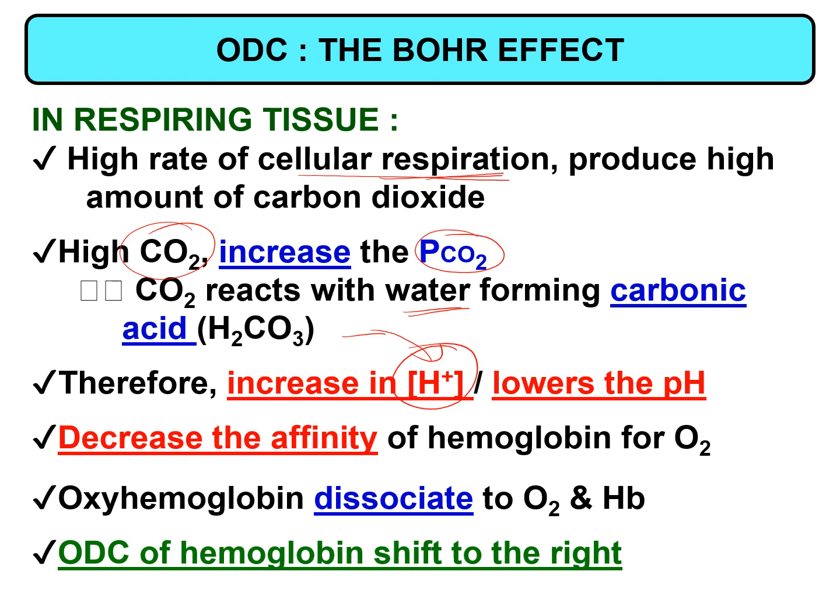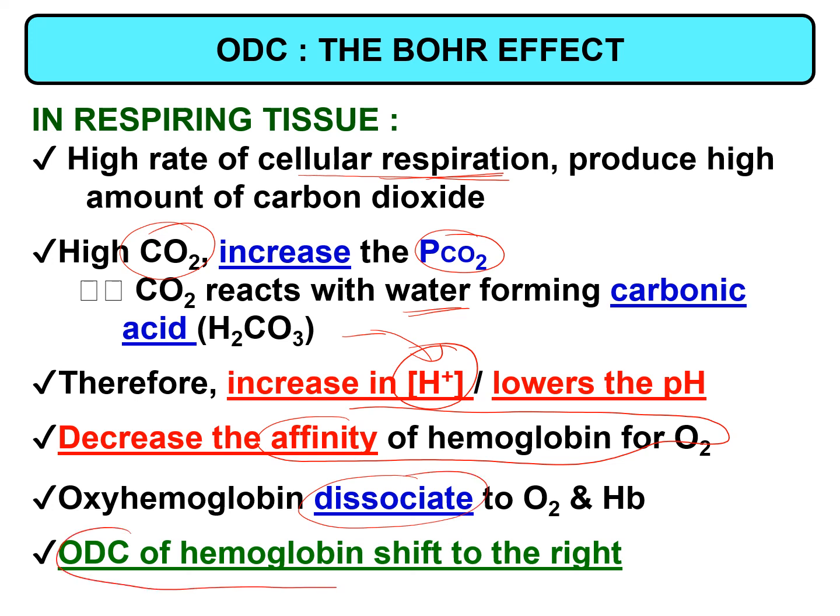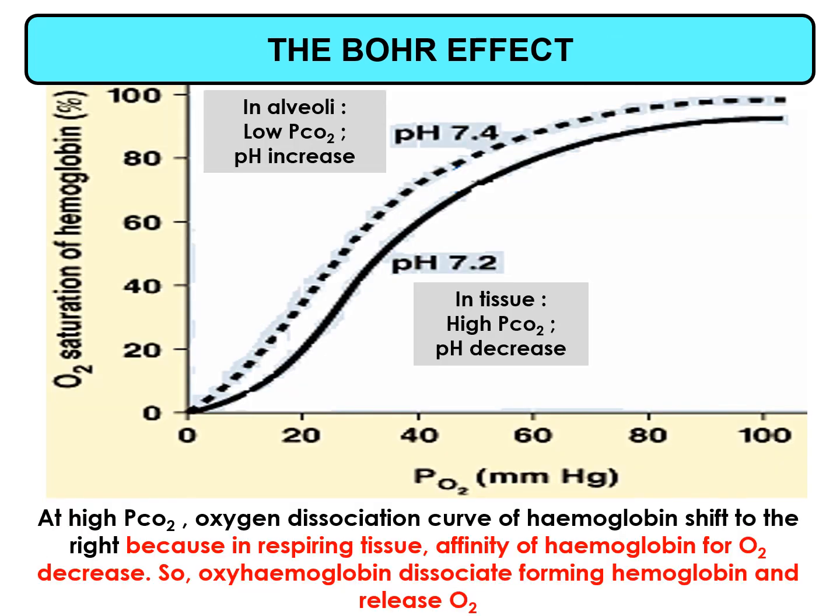So this is the cause of the decrease in pH. So decrease in pH will decrease the affinity of hemoglobin for oxygen. It tends to dissociate or unload the oxygen. So that's why ODC of hemoglobin shift to the right. Okay, this is when the tissues are respiring more.